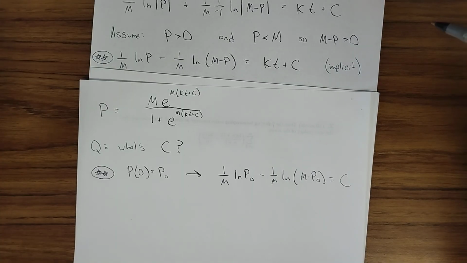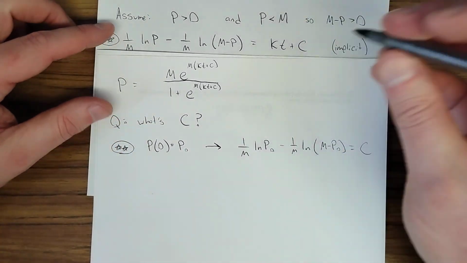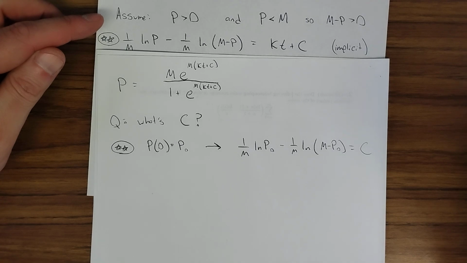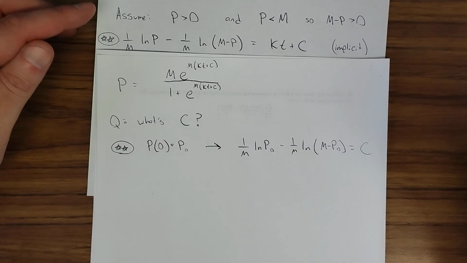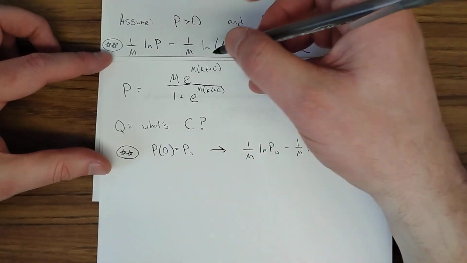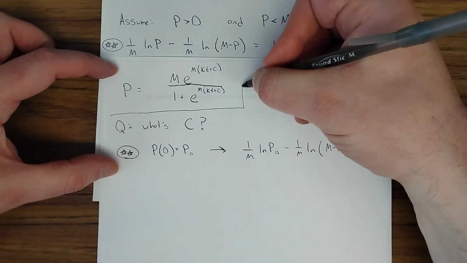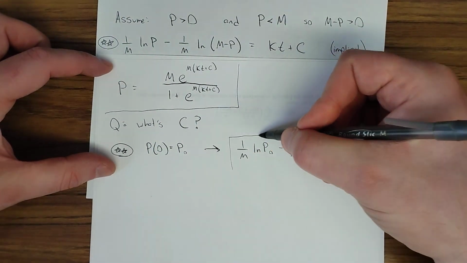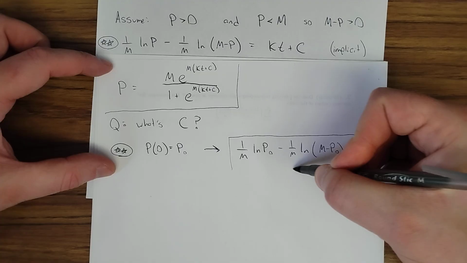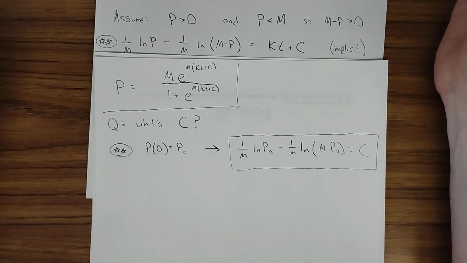So we just figured out C. Yeah, okay. So let me, I don't know, I'm tempted to do even more with this, but maybe I will stop here. So the solution to the logistic equation that we started is given by this, where C is this. That's one way of describing the solution.